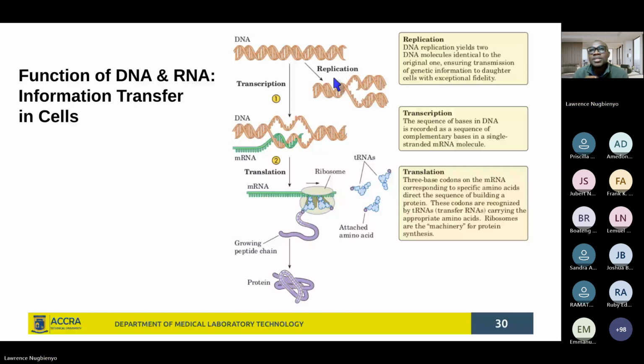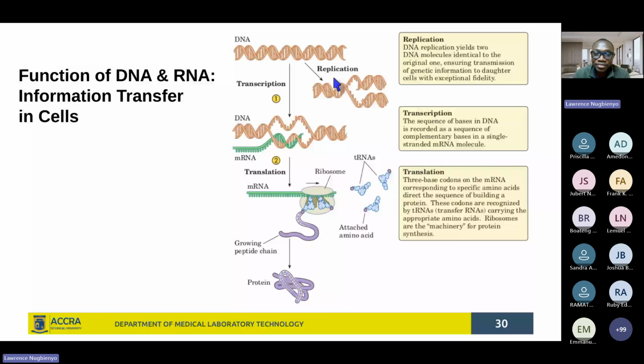Now, where does the DNA exist in the cell? Let's take eukaryotic cells, because eukaryotic cells have a distinct nucleus. And we know that the DNA is in the nucleus. So it means that the genetic information is stored in the nucleus.